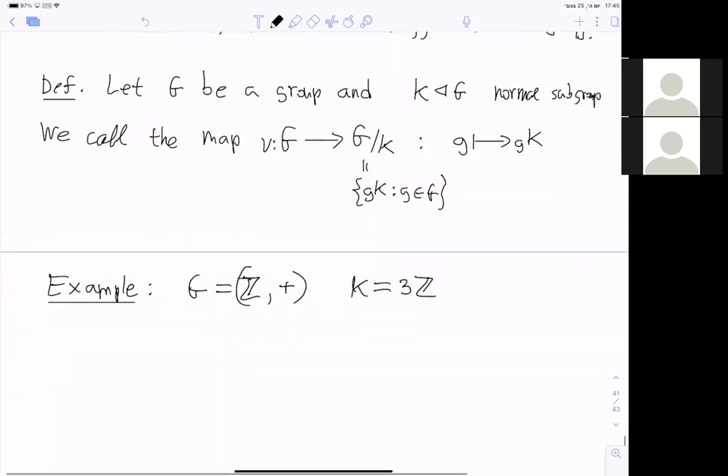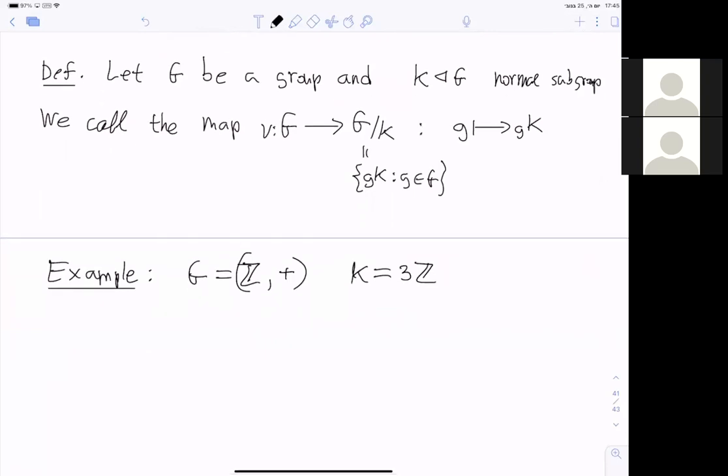So you can take any element n here, and it goes to n plus 3Z, because the operation here is plus. By the way, of course, it is surjective.